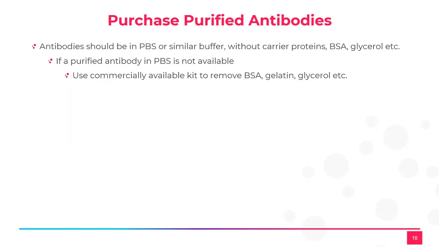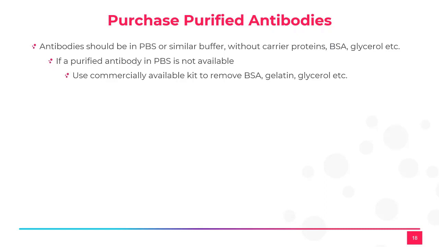When purchasing a purified antibody, you can purchase them through your vendor of choice, but please note we strongly recommend that they are in PBS or a similar buffer without the presence of carrier proteins like BSA.